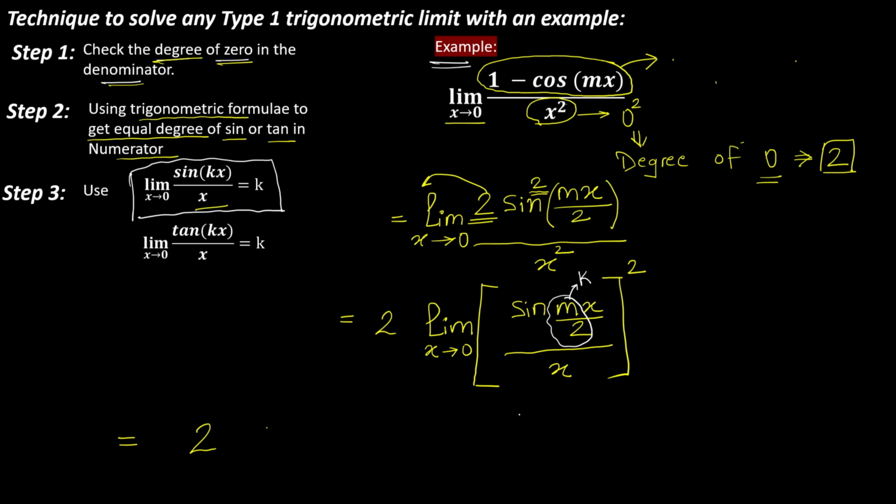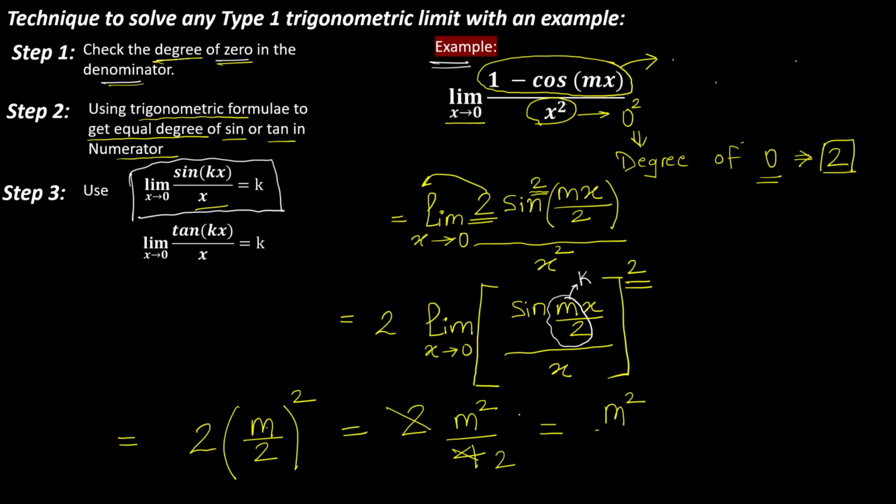Sine kx upon x will give you k. So 2 into m by 2, which is your k, and there is a square on this. This will become 2 m squared divided by 4, and you can cancel 2 in the numerator and denominator. That will give you m squared divided by 2.